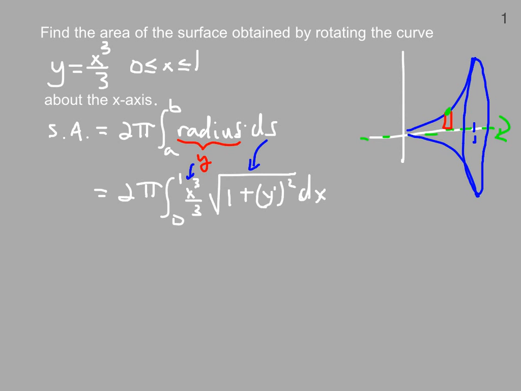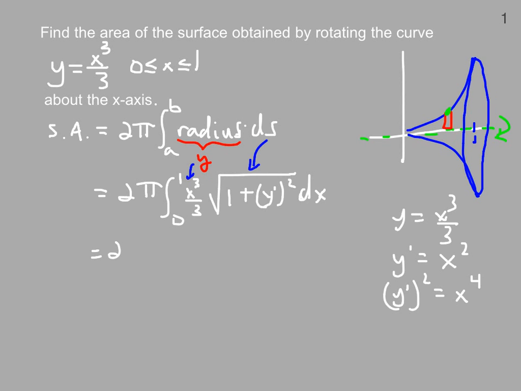So if y is x cubed over 3, then y prime is just x squared. y prime squared is x to the 4th.